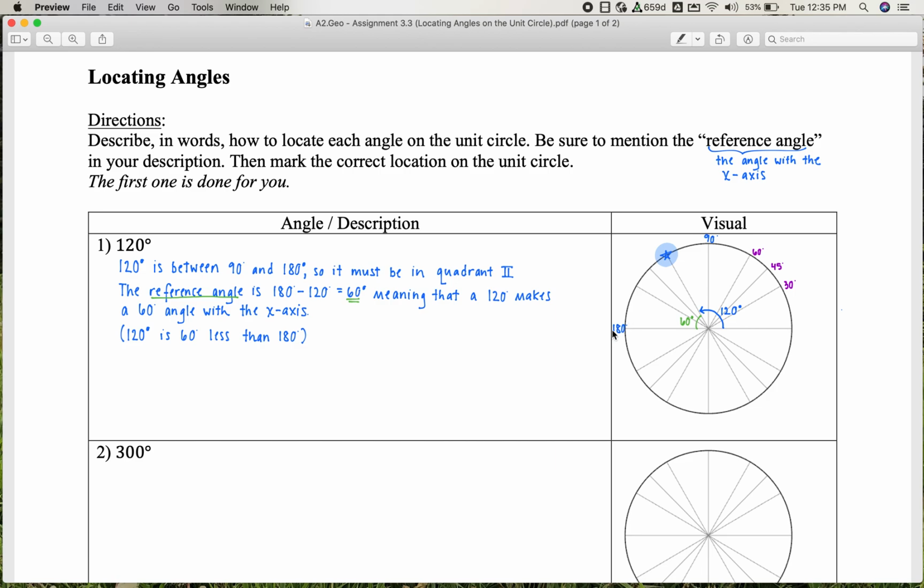So now if I take my 180 and I move 60 degrees backward, which is the tallest of the 3 lines, kind of like I see that 60 over here, 180 minus 60 puts me right at that same location, 120. Okay, so with degrees, you're either moving backward from 180, forward from 180, forward from 0, or backward from 360, and you can get yourself to that correct angle there.